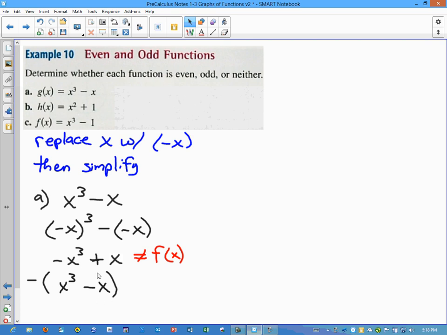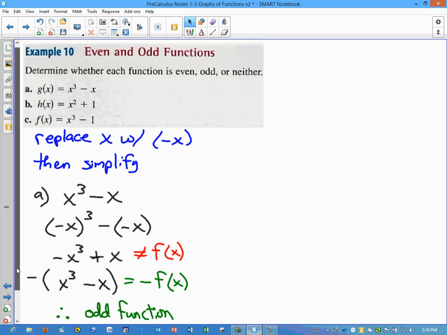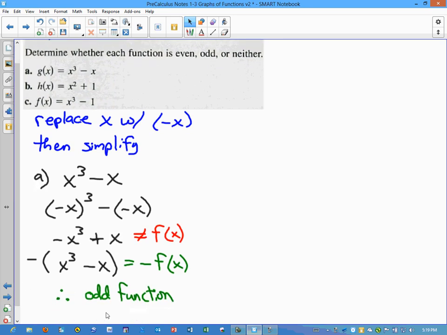Now, if what I have inside is the same as the original function, which it is, then that means when I replace x with negative x, I get the negative of f of x, which was the rule for an odd function. So notice how this is equal to the negative of f of x. Therefore, and the 3 dots is the symbol for therefore. Therefore, this is an odd function.